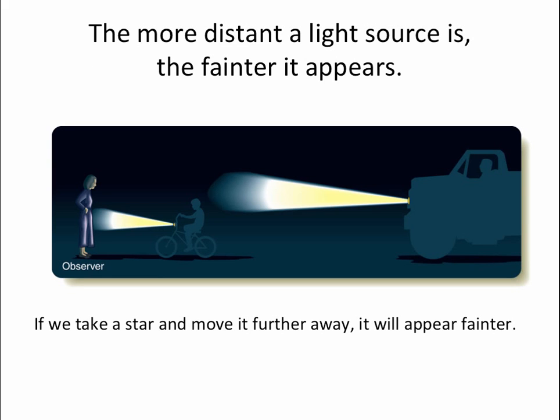The more distant a source of light is, the fainter it appears. So let's say you're out on a dark night and you see a light off in the distance. There may be a few different things that light could be. One is it could be a kid riding a bicycle coming toward you, and that's the headlight of their bike, and it's dark enough you can't see the bike, but bike headlights are not all that bright, so you may want to think about getting out of the way.